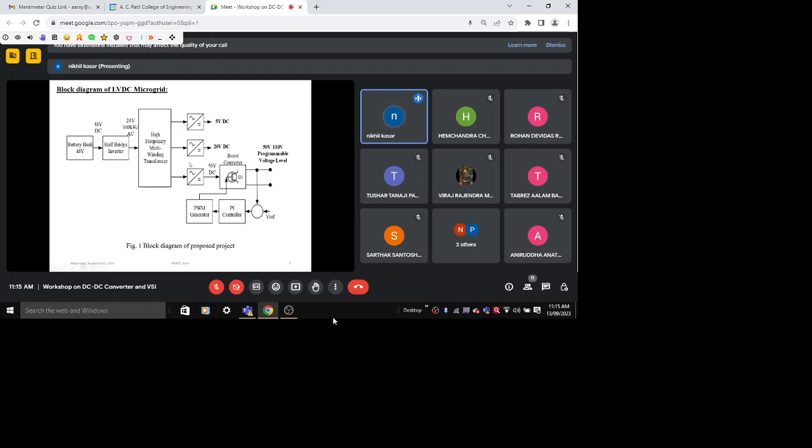You can see there are three secondaries, and this will be generating 5 volt DC for some loads, 20 volt DC for some other loads, and 50 volt DC for a few other loads. Depending upon the power level of the loads, this will be done. Here you can also see one boost converter.